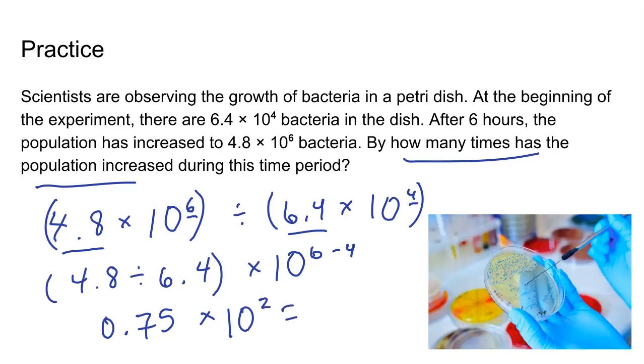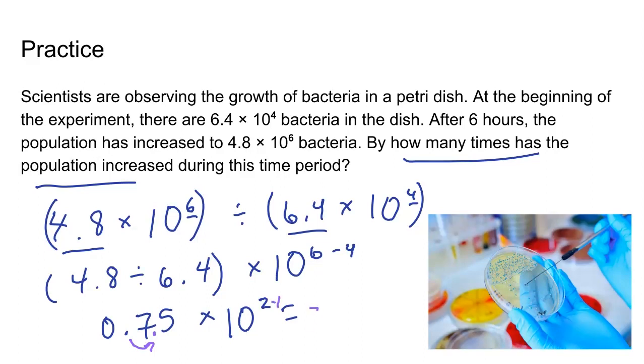But here the coefficient is less than 1, so you need to move the decimal point one place to the right. Since you're moving the decimal point one place to the right, which is the same as multiplying by 10, you need to offset that by subtracting 1 from the exponent.